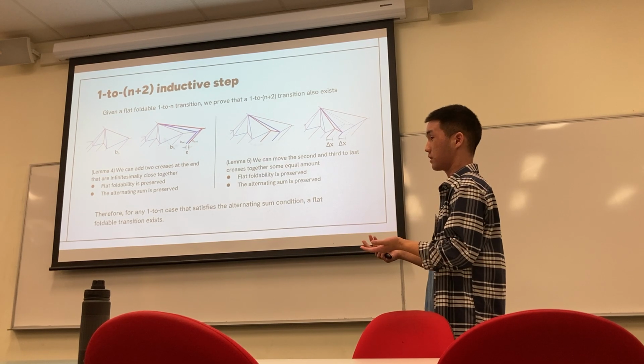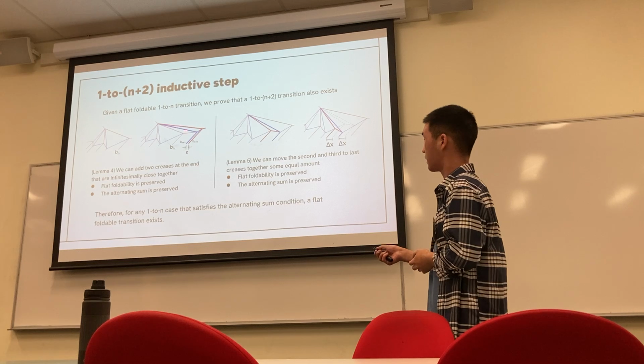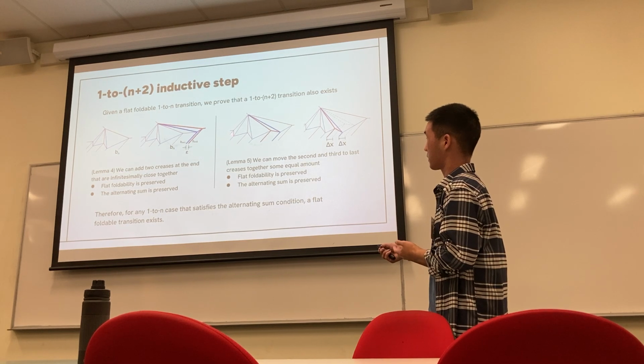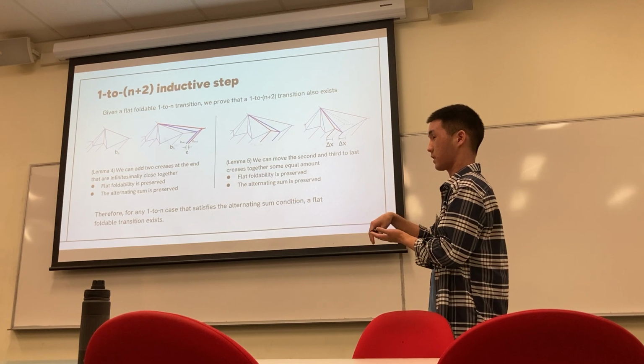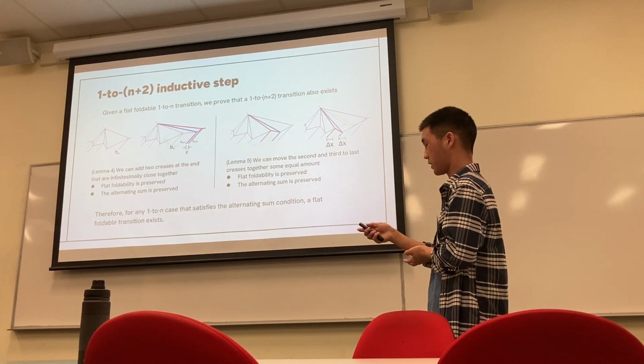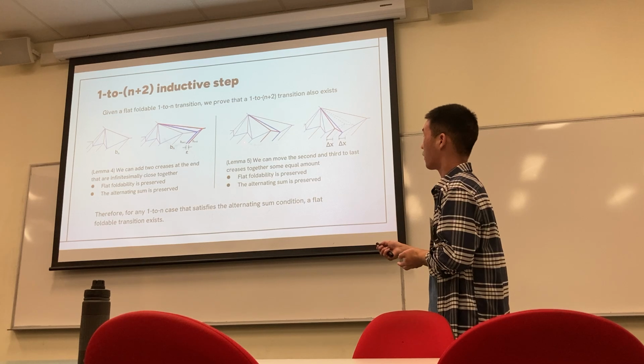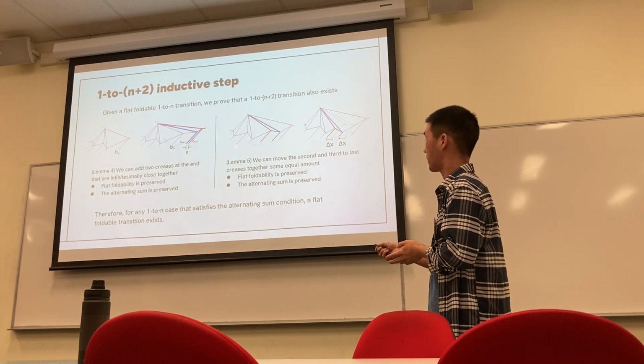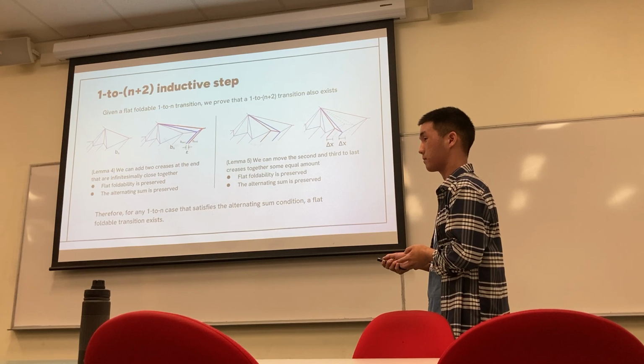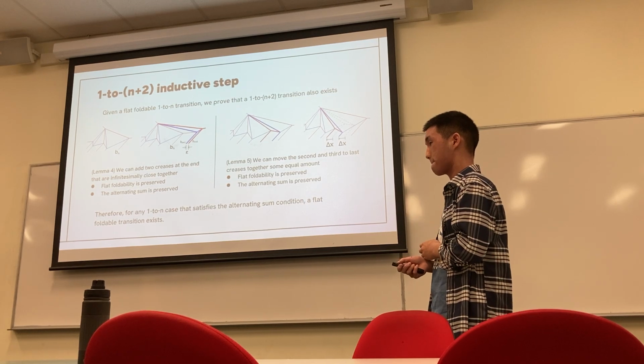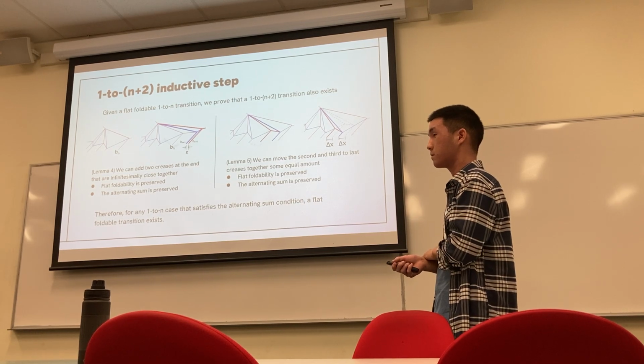An intuitive way to think about it is that the alternating sum is plus for all the mountains and minus for all the valleys. So if we're decreasing these two mountains, we're decreasing on the plus side, so the alternating sum is going to change. But what's your question about this valley and this mountain? Maybe I'm misinterpreting what the alternating sum is.